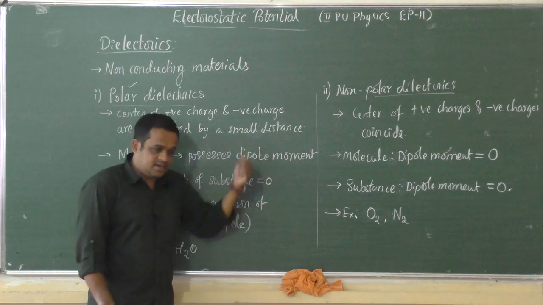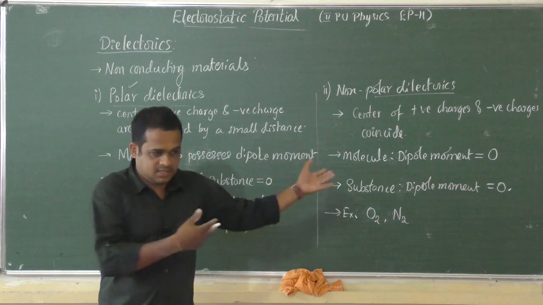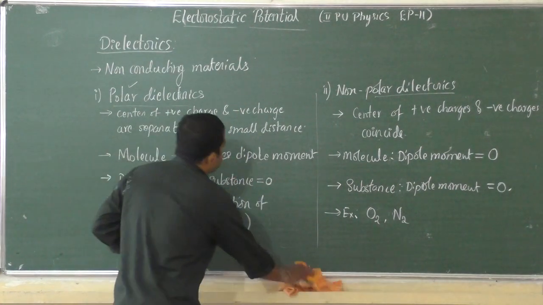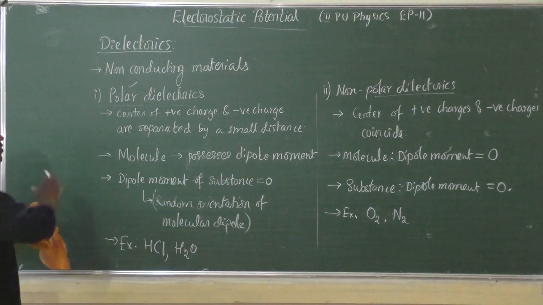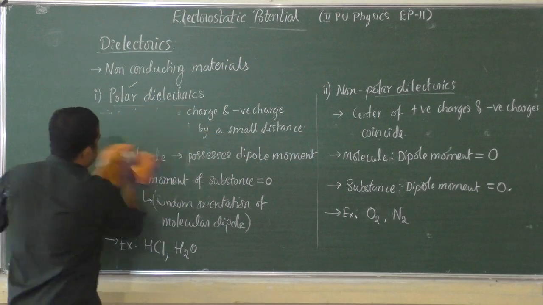When these dielectrics are placed in an external electric field, the condition changes, which we will discuss now. I think these points are clear. Now all this discussion is in the absence of external electric field.